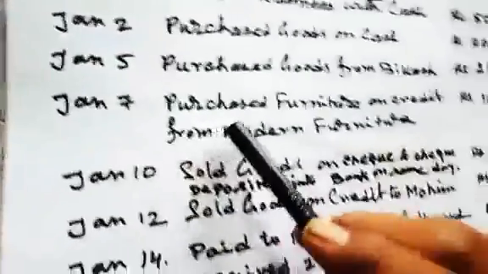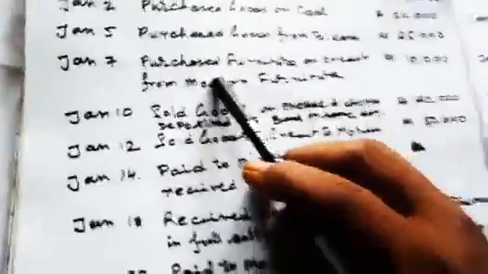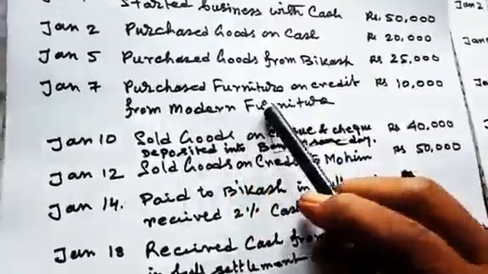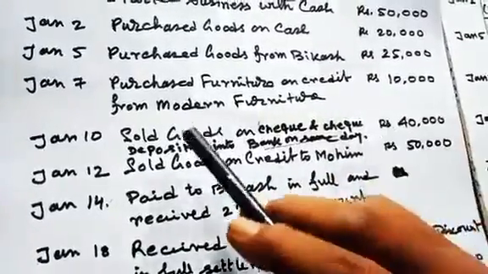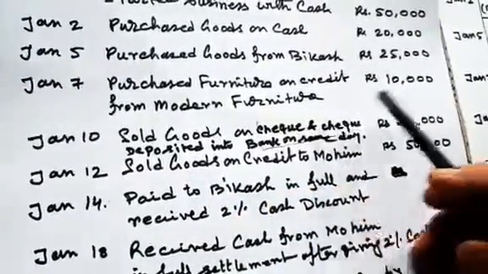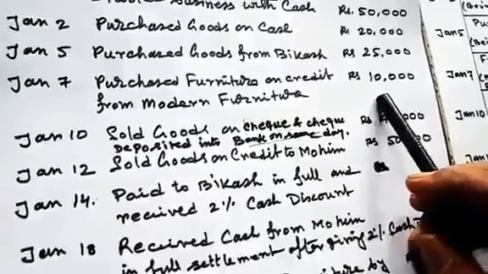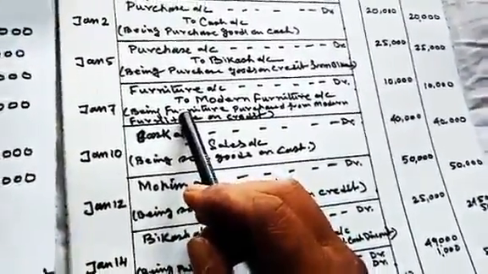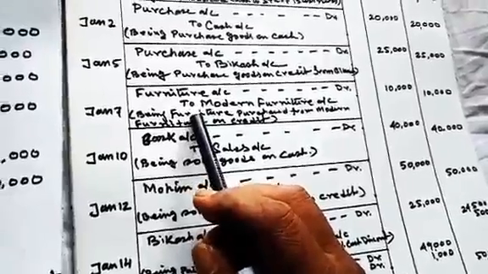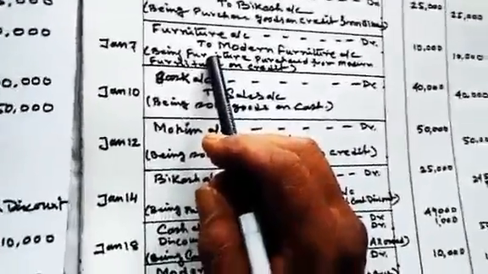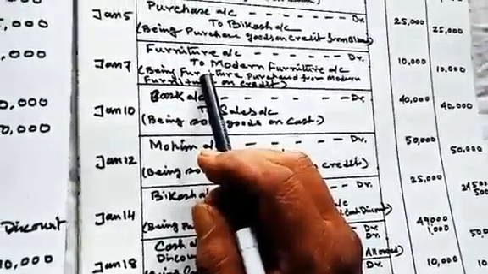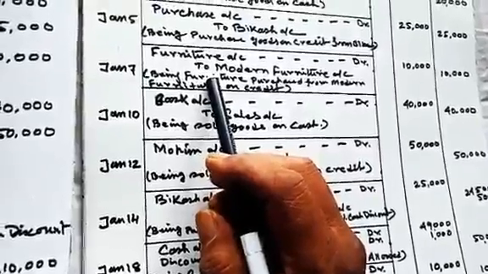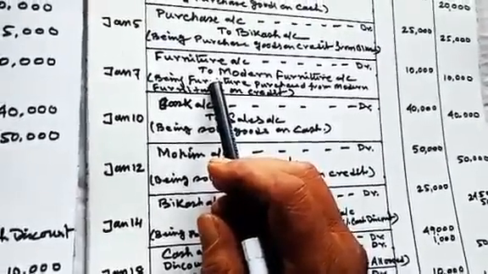Now the next transaction on January 7. Purchased furniture on credit from Modern Furniture, rupees 10,000. See the journal entry. Purchase furniture means furniture being an asset coming to the business, and we are purchasing this furniture on credit.